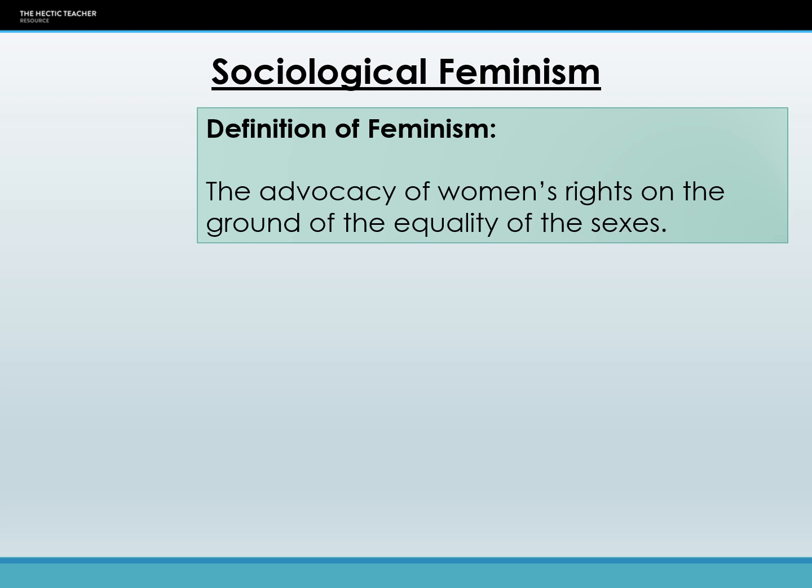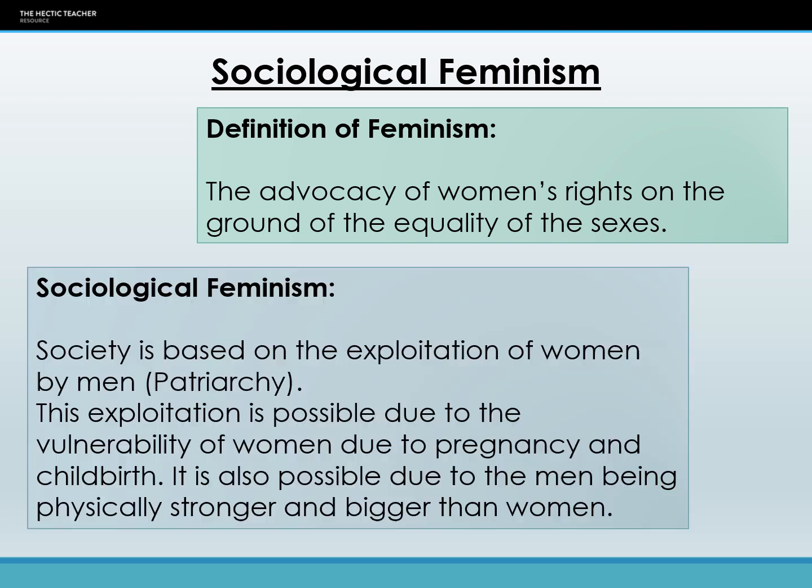But when we're looking at sociological feminism, what it looks at is how society is patriarchal, how society benefits men over women, exploits women, and causes the oppression of women.